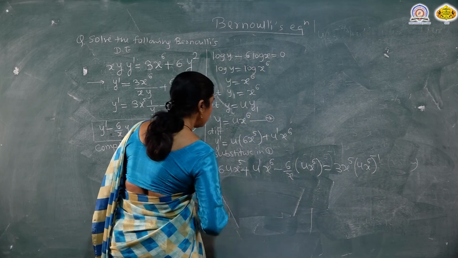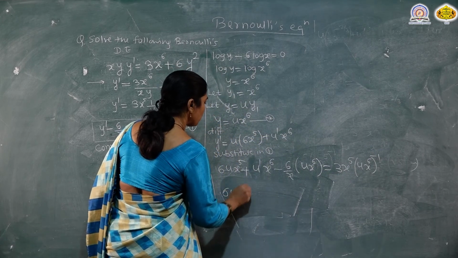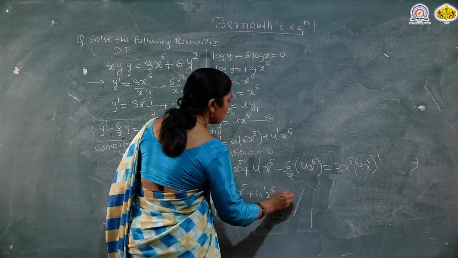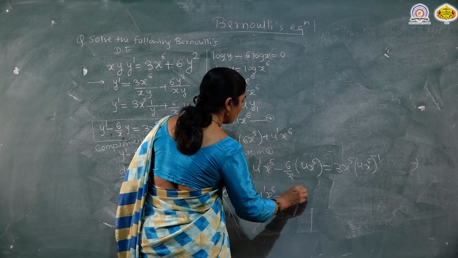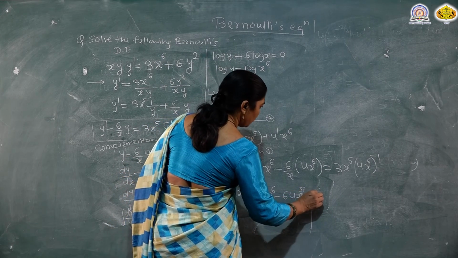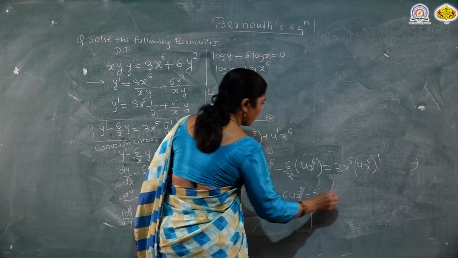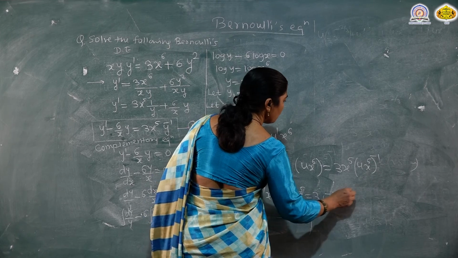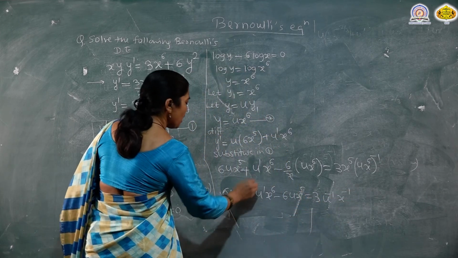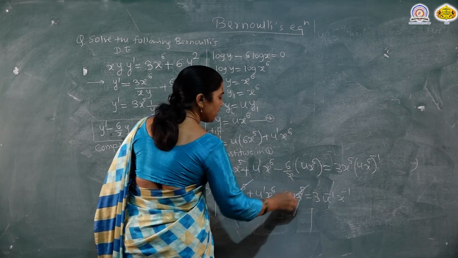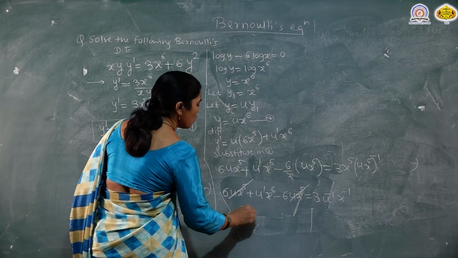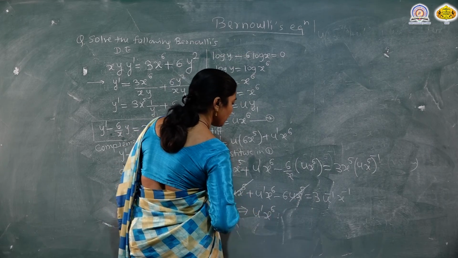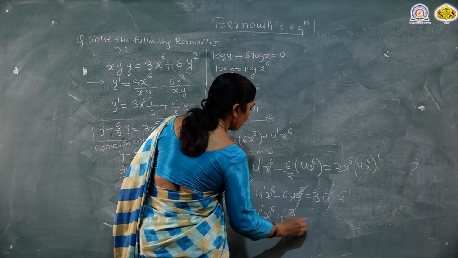So we get 6u x raised to 5 plus u dash x raised to 6 minus 6u x raised to 5 is equal to 3 u raised to minus 1, x raised to minus 6 into x raised to 5, which becomes x raised to minus 1. This 6u x raised to 5 and minus 6u x raised to 5 get cancelled. So we get u dash x raised to 6 is equal to 3 upon ux.